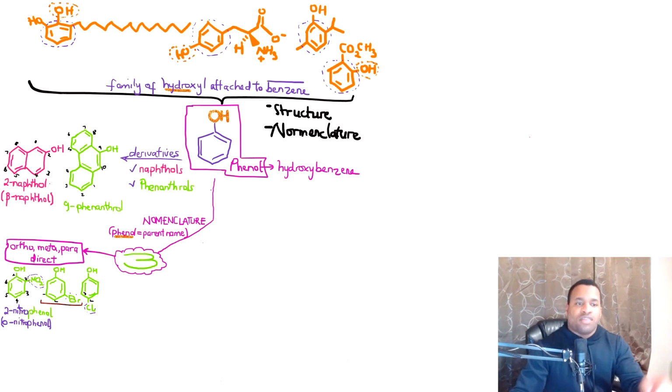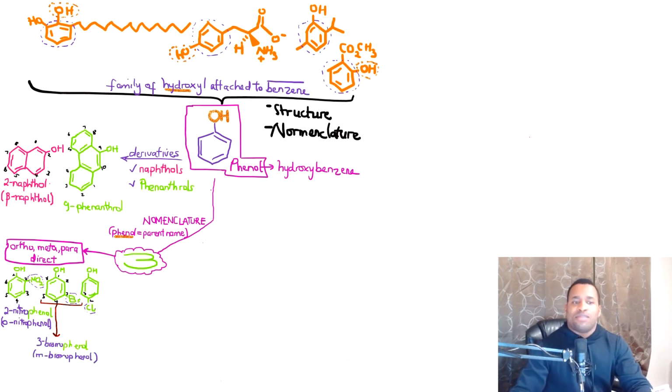In the second one, the bromine is attached to carbon 3 relative to carbon 1, which has the hydroxyl. By numbering, which means giving our functional group the lowest carbon number within that ring, this is called 3-bromophenol.